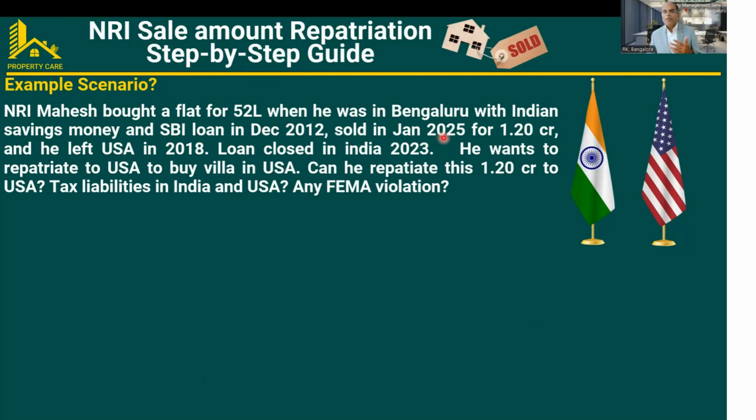Sold in January 2025 for 1.2 crores, and he left for the US in 2018. The loan closed in 2023, and he wants to repatriate this to the USA to buy a new villa. Can he repatriate this 1.2 crores to a USA account?